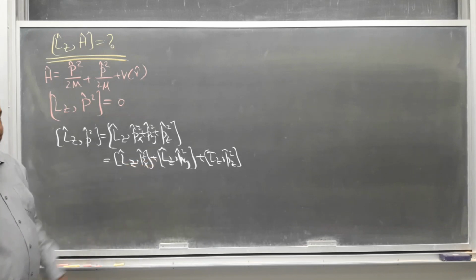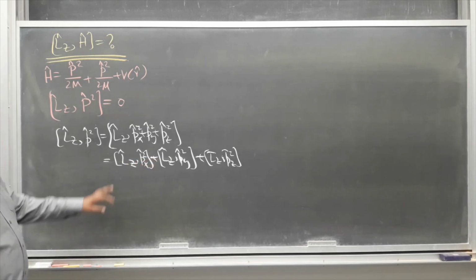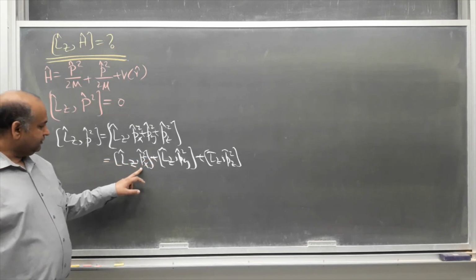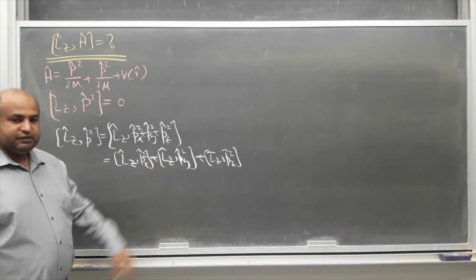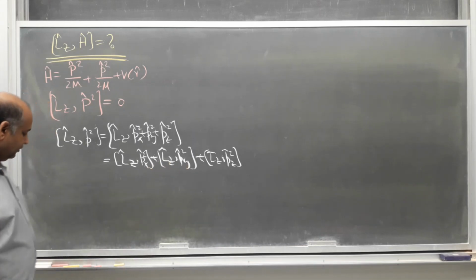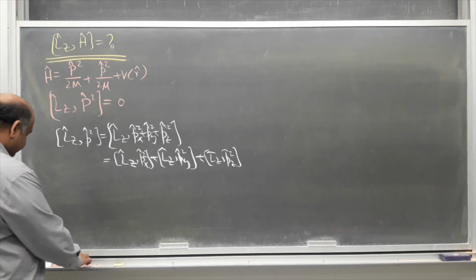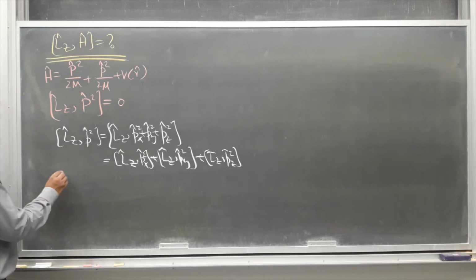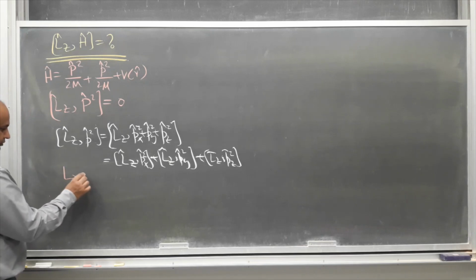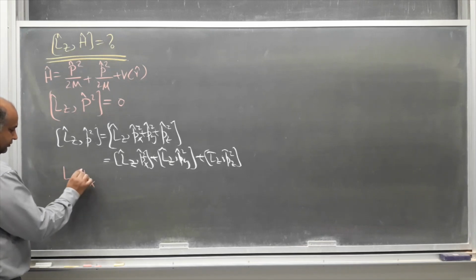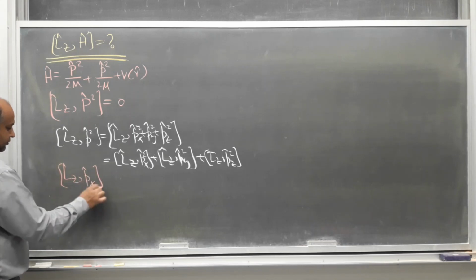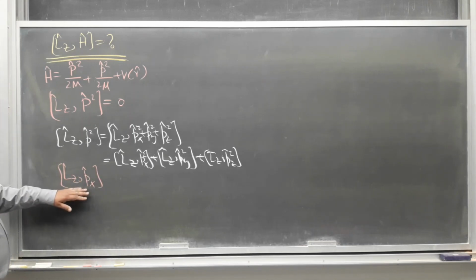So this is what we need to find, and to find them we first need Lz with Px, Lz with Py, and so on. So let's begin with this thing. This is the first commutator that we are going to find.